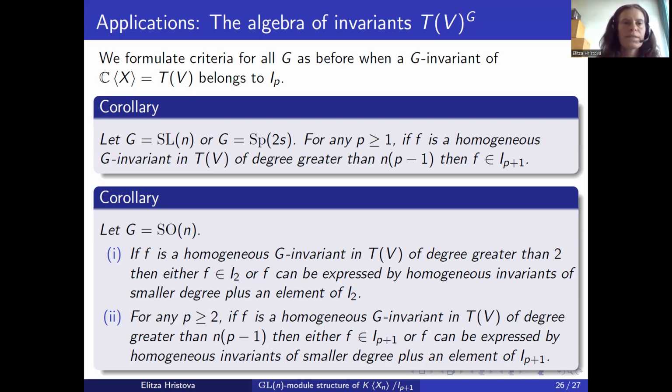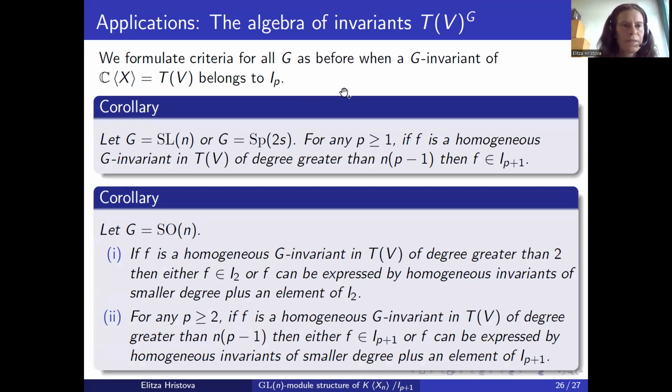The G-invariants in the tensor algebra are known, but their descriptions are not explicit in a certain sense. Here we give some criteria when these invariants belong to the ideal generated by long commutators, which in our opinion are not straightforward from the description of the invariants themselves.